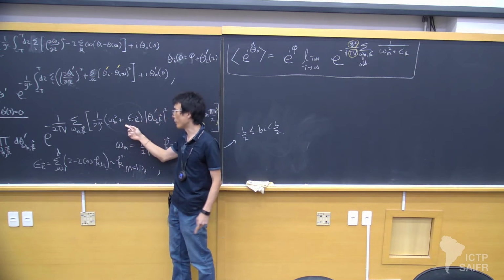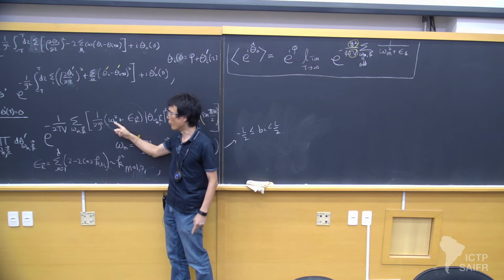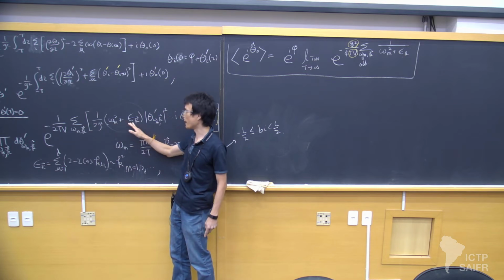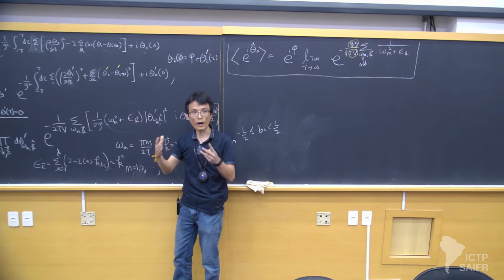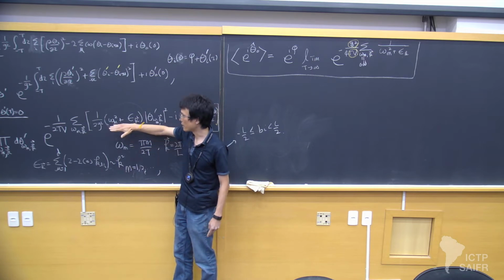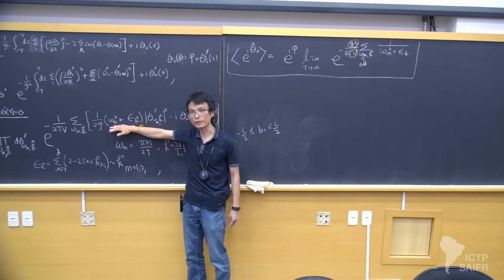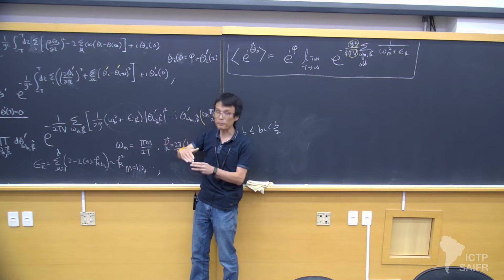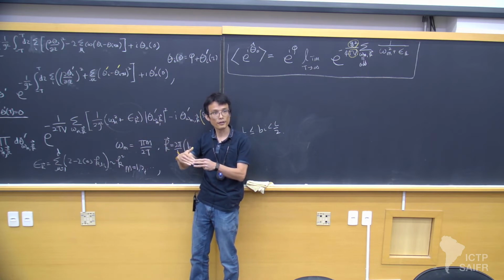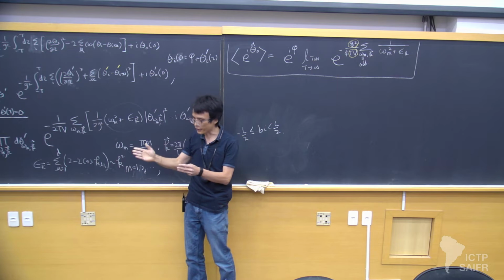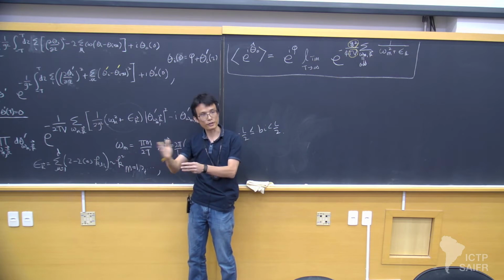But the point is that the modes with a small frequency and small wave vectors are the ones that cost less action for creating some unit amplitude fluctuation. Therefore, they will have larger fluctuation, right?